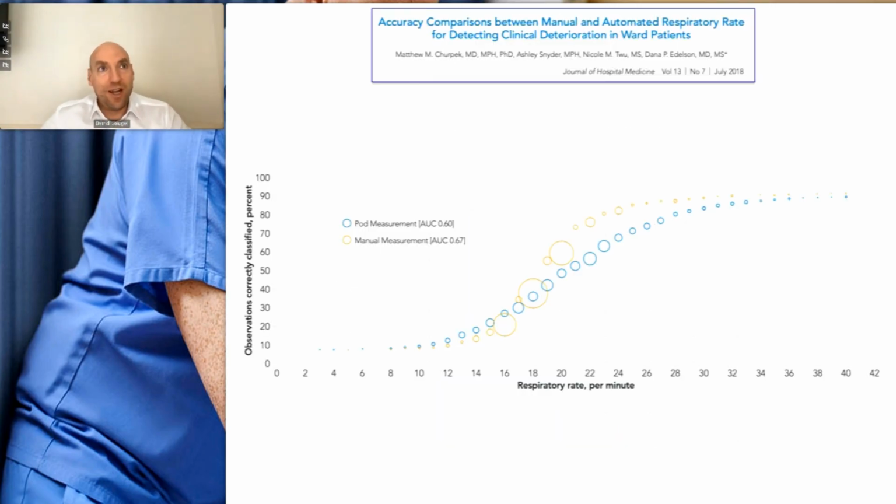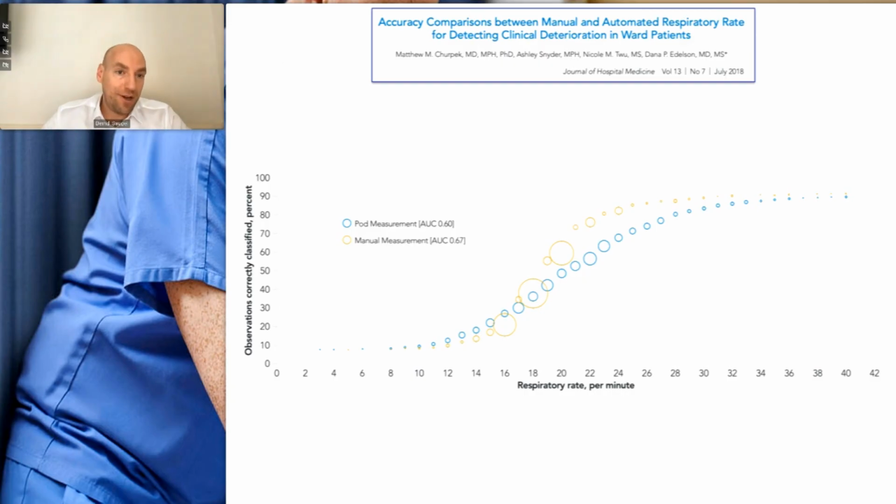If you challenge this way of measuring respiratory rate with an automated point of care measurement method, you can see that there is a substantial difference between manual and automatic measurement of respiratory rate. And very, very often we document respiratory rates incorrectly.